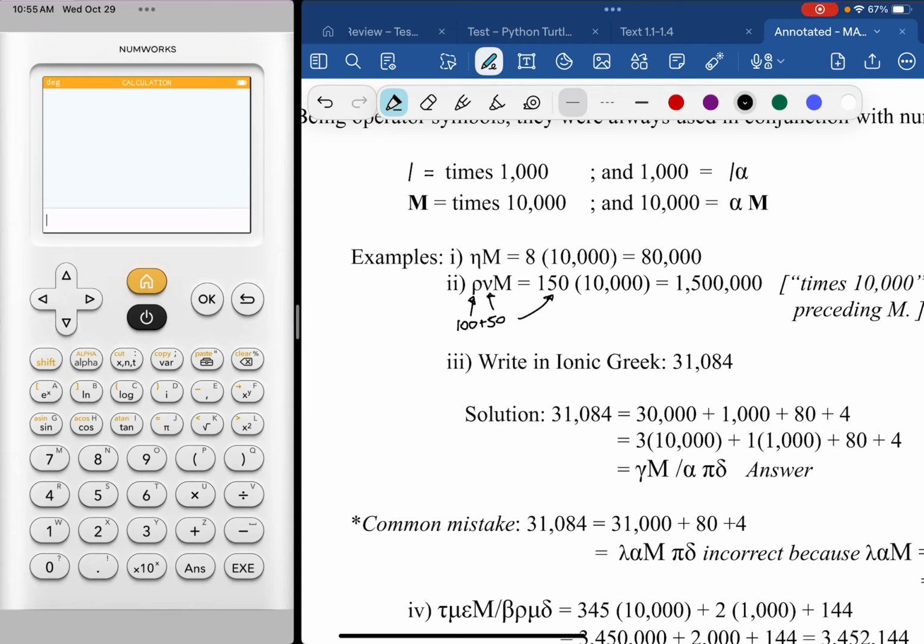So in this case, when we have an M following a set of digits, it's saying take the collection of those digits and multiply by 10,000. So that's a difference between what the slash will do. The slash is just for a single character. The M is for a string of characters.